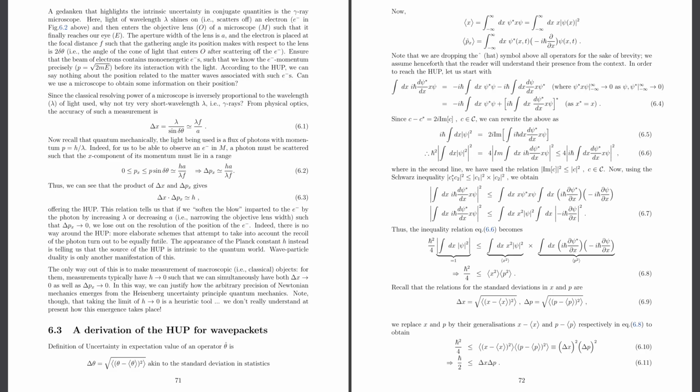Now, we want to get the Heisenberg uncertainty principle, HUP. How do we do that? The way we do that is that we do something peculiar. I've considered this quantity. Instead of the expectation value, look at what I'm starting with on the left-hand side. That's really a peculiar beast. What have I done? I've taken the x operator and plugged it in between the psi and the psi star.